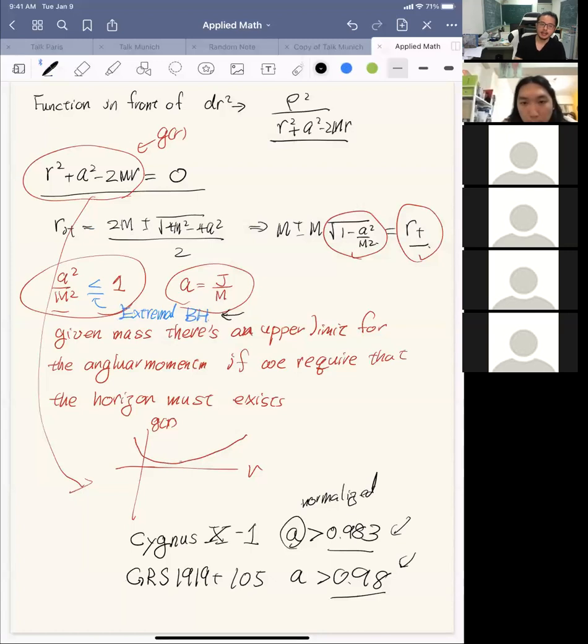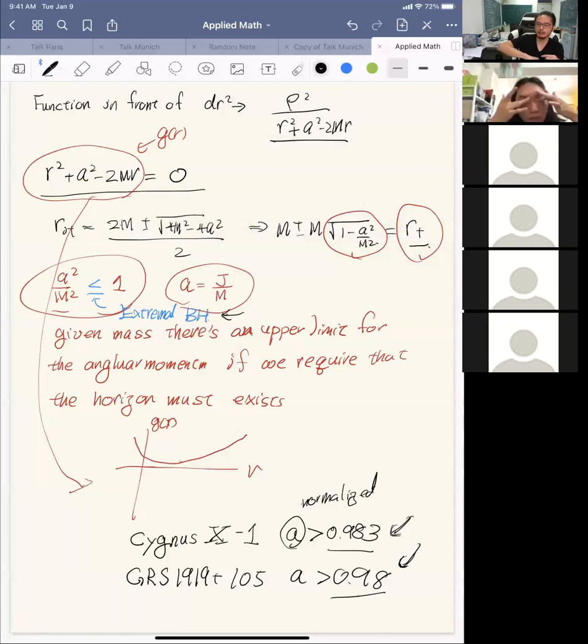If the black hole cannot overspin and has a maximal value, then as long as the black hole lives a sufficient amount of time, the fact that we can observe these near extremal black holes is not too surprising, because it keeps absorbing stuff, keeps absorbing angular momentum, so it keeps increasing its angular momentum.